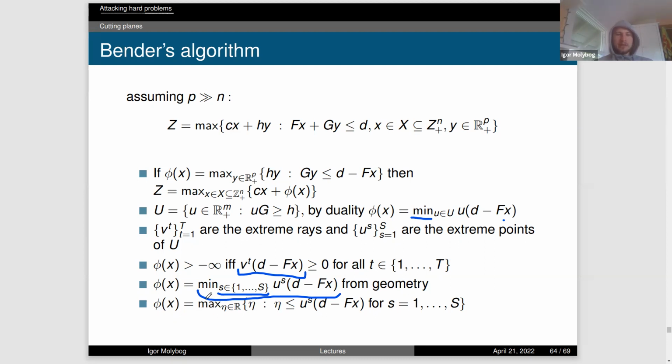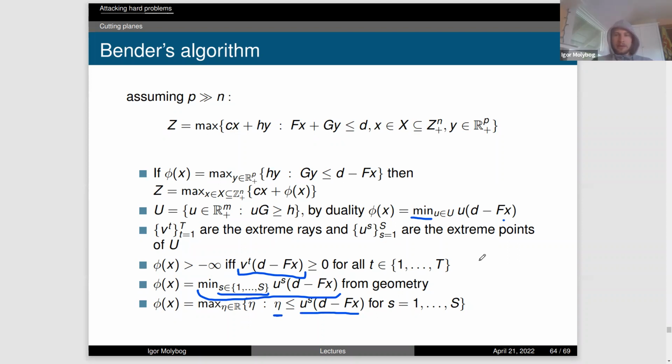Instead of using minimization, we can assume that there is a lower bound eta on all of the values u_s times d minus f x.